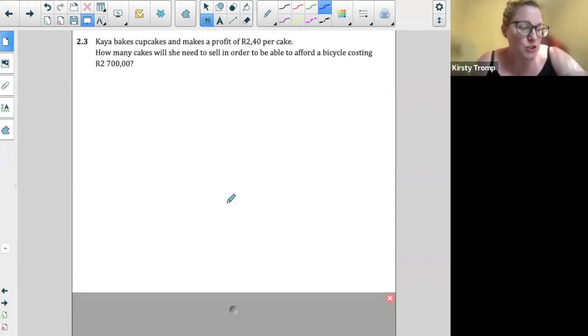How many cakes will she need to sell in order to be able to afford a bicycle costing 2,700 Rand? So she wants to buy a bike for 2,700 Rand. She makes a profit of R2.40 per cake. How many cupcakes does she need to sell?